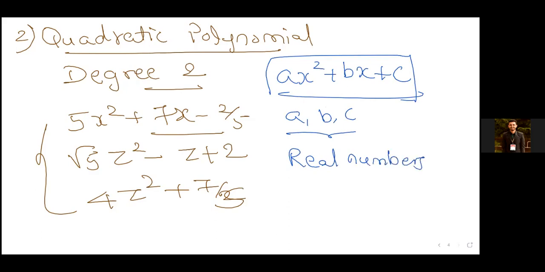And remember, a is not equal to 0 all the time. So this is a quadratic polynomial, or a degree 2 polynomial. Then there comes another one. It is the degree 3 polynomial, that is named as cubic polynomial.